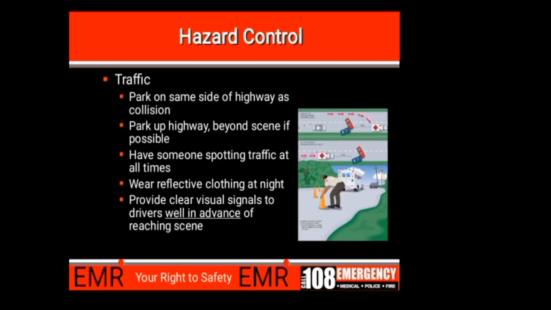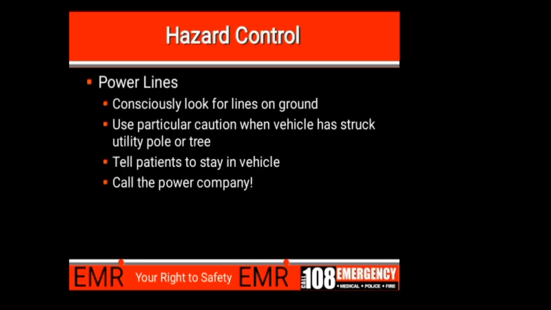We have to park our vehicle on the side of the accident itself, and keep visual signals in advance of reaching the scene, because sometimes other vehicles may come at high speed and collide with the accident vehicle.